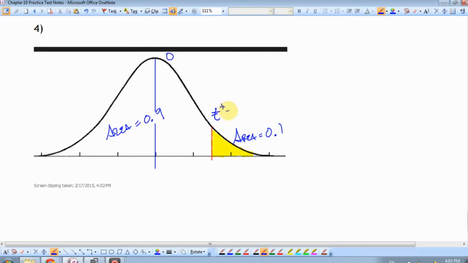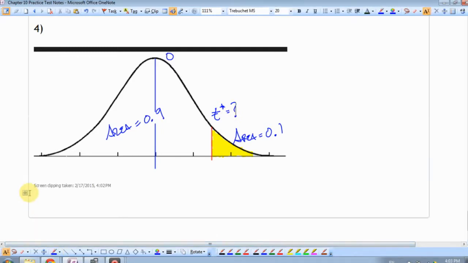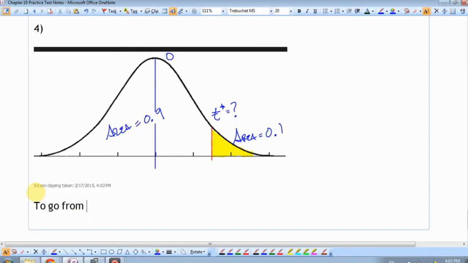What is this? To go from area to t or z-score, use the inverse.